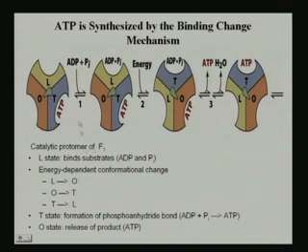Now, if we symbolize this L form, T form and O form, we can find that the L form has substrate binding affinity, but catalytically it is inactive. That means it can only bind the substrate, but it does not have any catalytic activity.